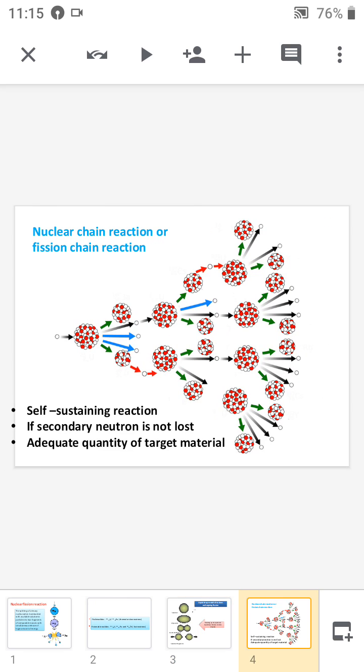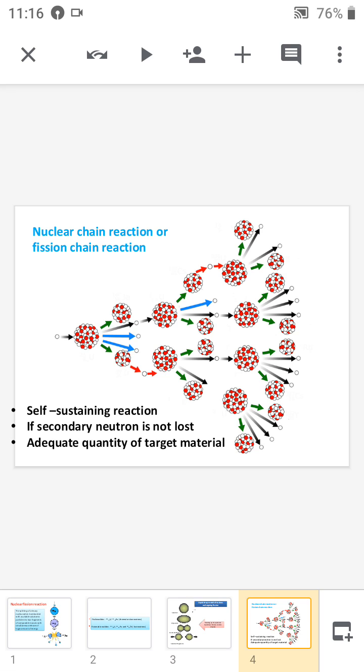Now we are moving to the next important question, the nuclear chain reaction or fission chain reaction. During the fission reaction, one or two neutrons are eliminated in every nuclear fission reaction.